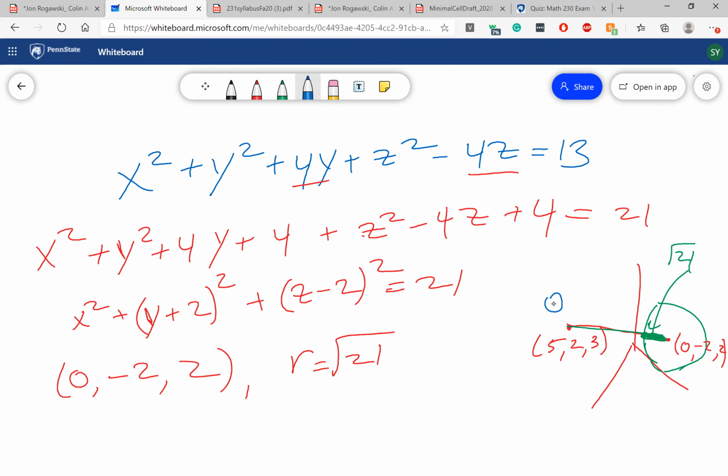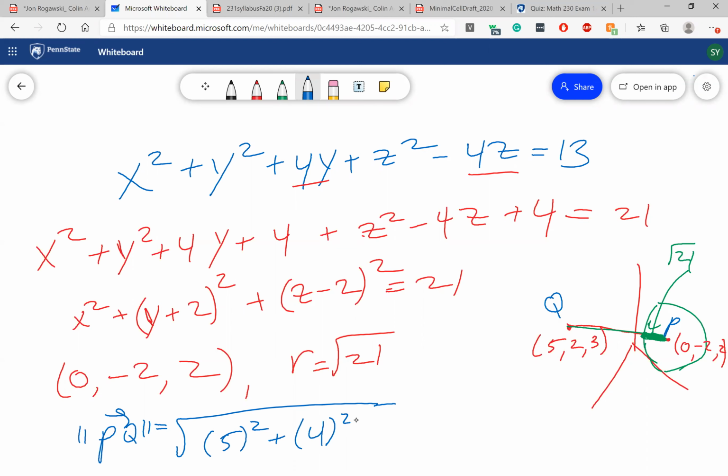So if I call this point Q and this point P, I'm looking for the magnitude of PQ. So this is equal to the square root of 5 minus 0, which is 5 squared, plus 2 minus minus 2, so this is 4 squared, plus 3 minus 2, which is 1 squared.